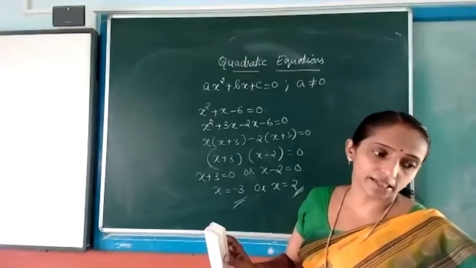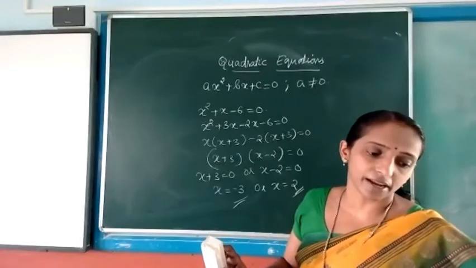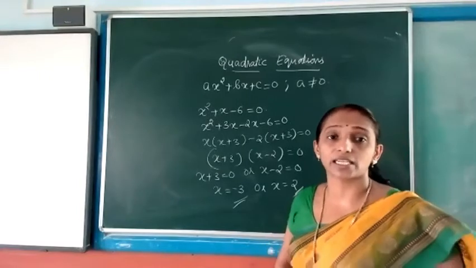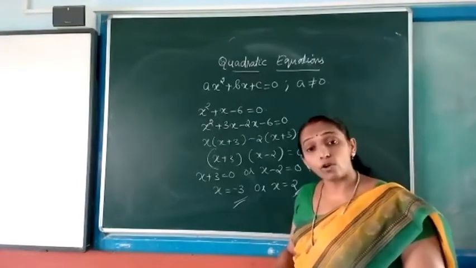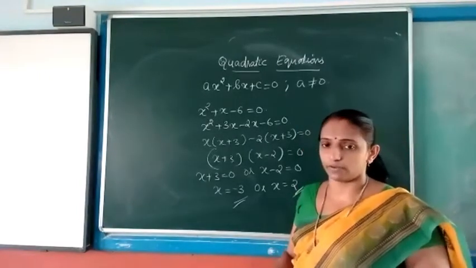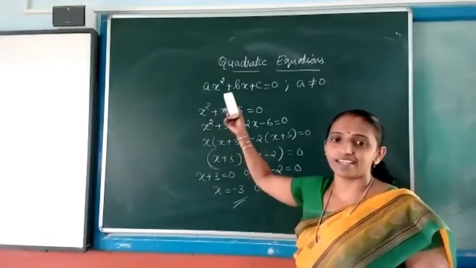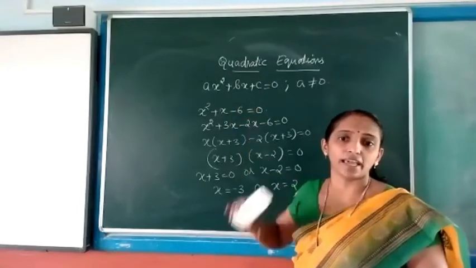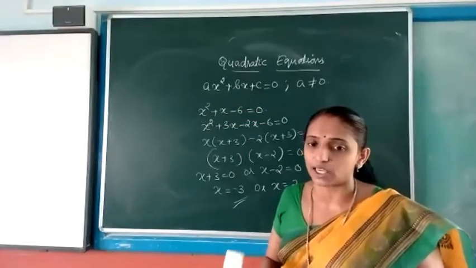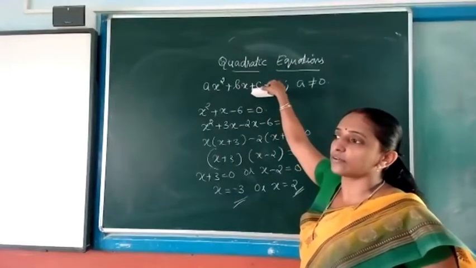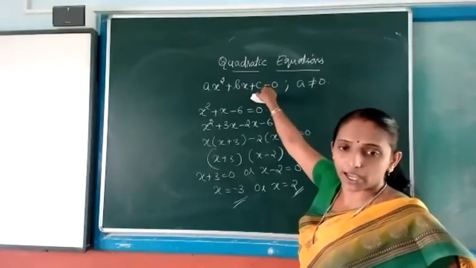Okay, you can see if you are taking exercise 7, the last questions, question 10 onwards, you can see this fractional form given. So before starting, before solving, before splitting the middle term, we need the equation in the form ax square plus bx plus c equal to 0. So before going for splitting, first of all, you have to check whether my equation is in the standard form.